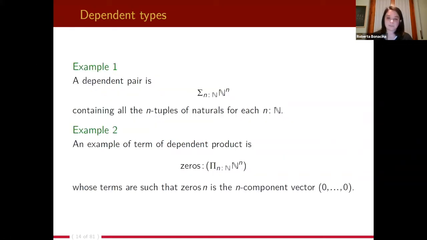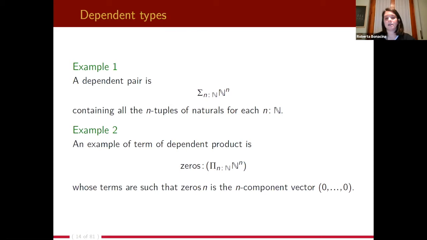So let's see a couple of examples. We have that this is a dependent pair which contains all the n-tuples of naturals, for each natural number small n.